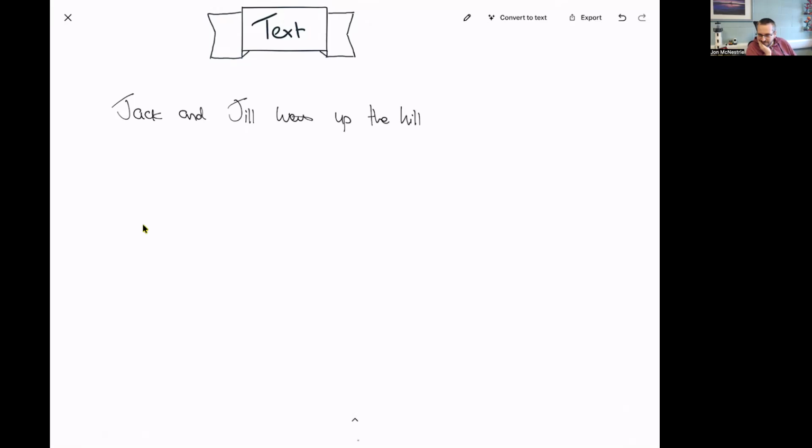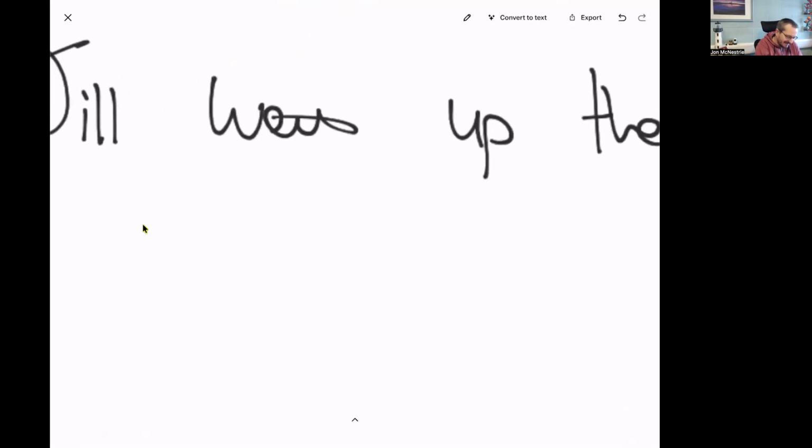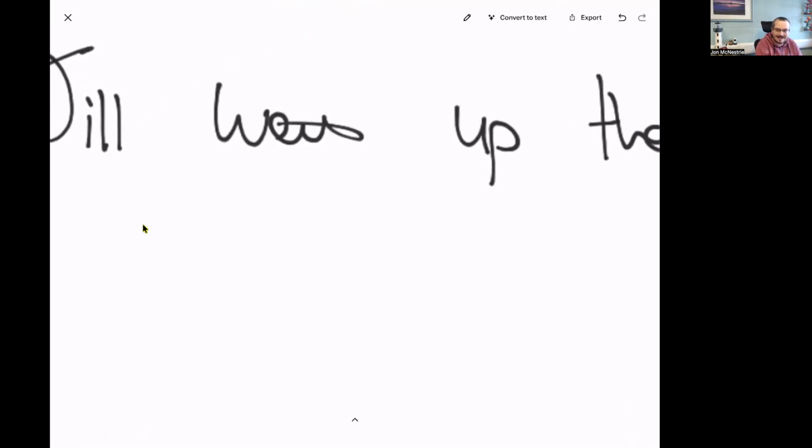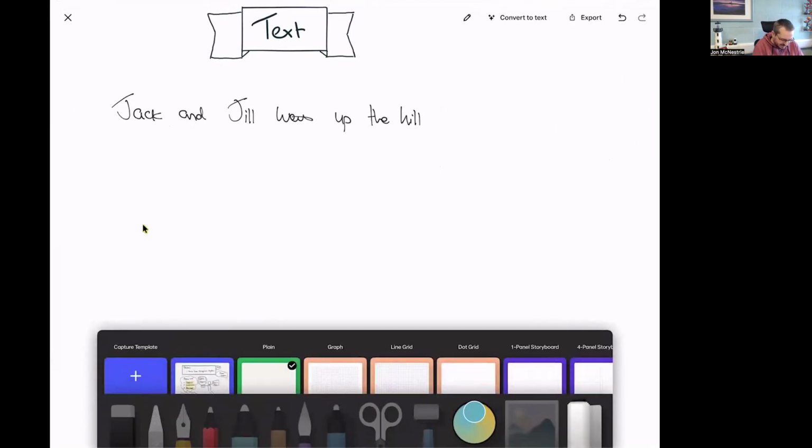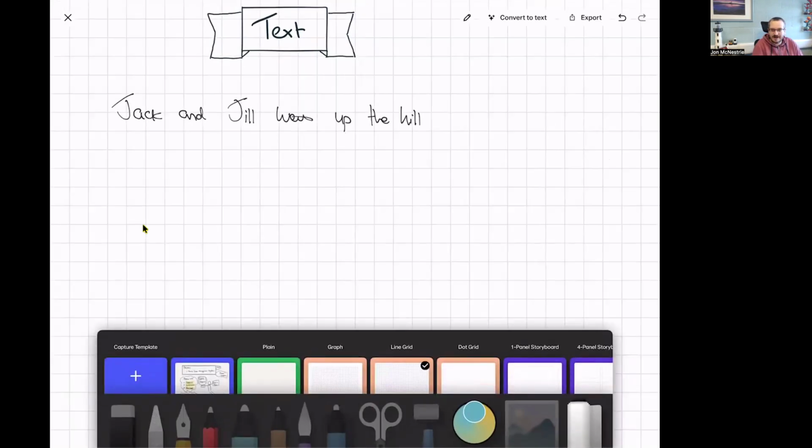Here we are. It's not too bad. I run the odd letter together. You can see, that doesn't really say "went," does it? But you get it from the context. It's not that hard to see. A little cheat we can do in this iPad is I can put a little grid on it.